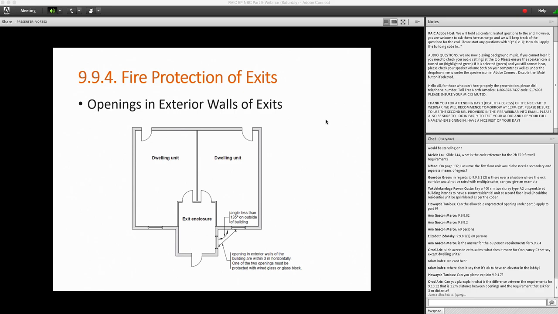If you have a balcony or an openable window, then you do not need to meet the requirement to travel not more than one level to reach an exit facility. That is the alternative to not meeting the requirement to travel no more than one story to get to an exit facility.